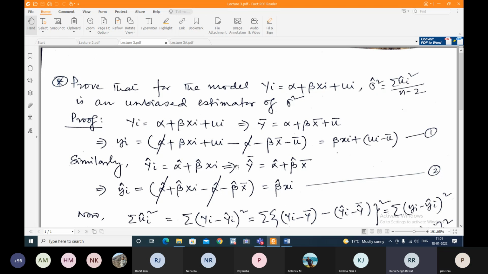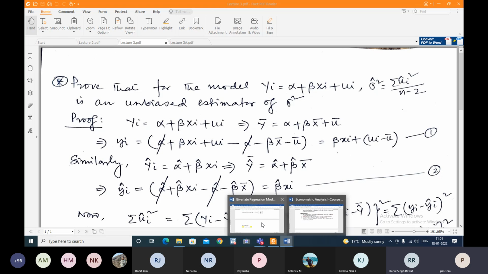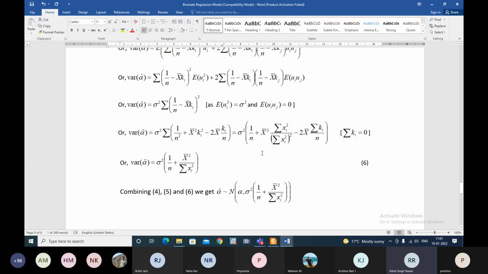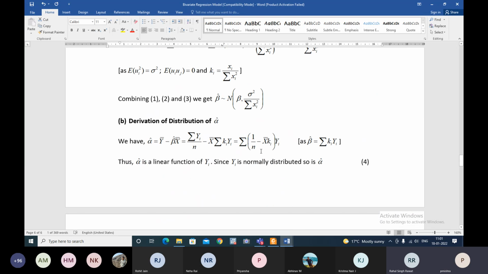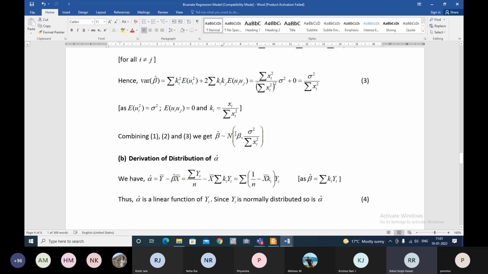Remember, when we were talking about the distribution of alpha hat and beta hat, somebody asked yesterday what is the purpose of having this distribution when we don't know alpha or beta?